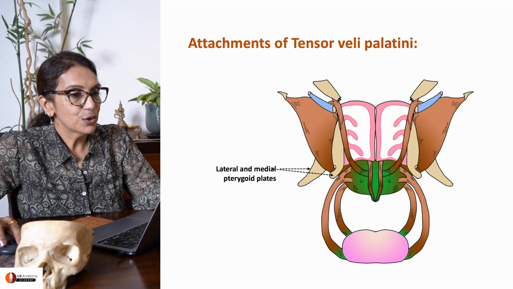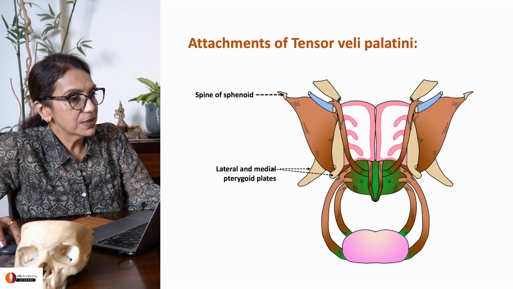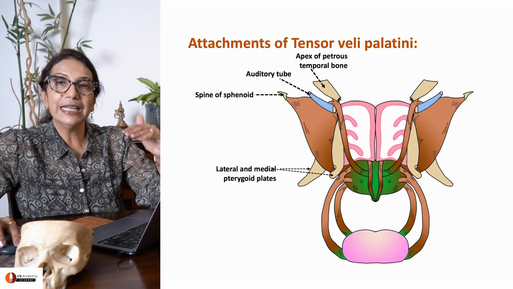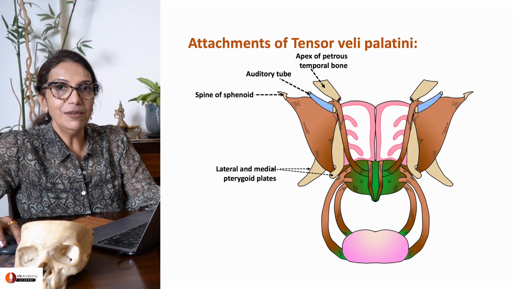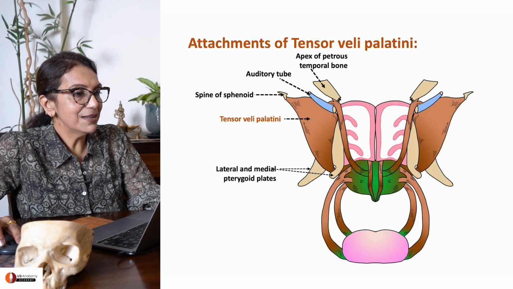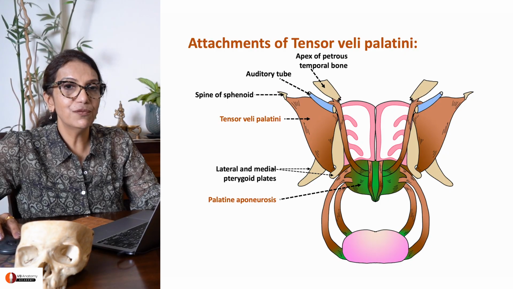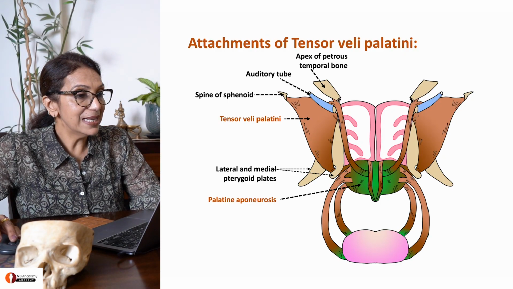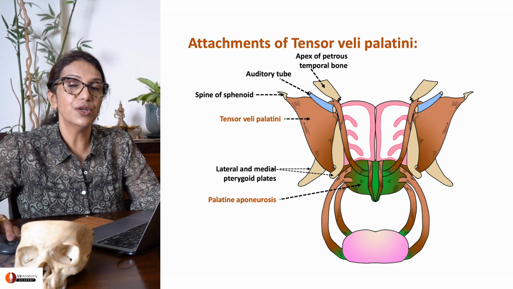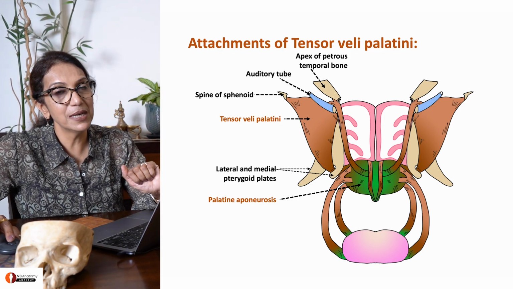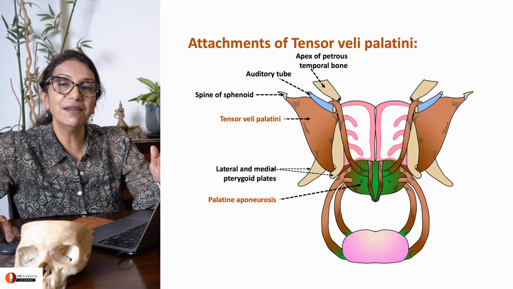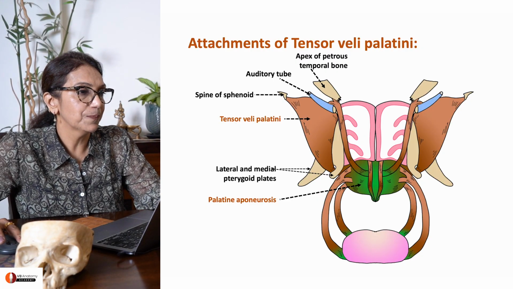Here's your spinosphenoid, the auditory tube, basically the Norma Basalis. From all of these, your tensor veli palatini takes origin, descends downwards and forms a palatine aponeurosis which is attached to your hard palate. This tensor veli palatini takes origin from the lateral surface of the medial pterygoid plate and also from the scaphoid fossa. That's why we want to discuss it here.